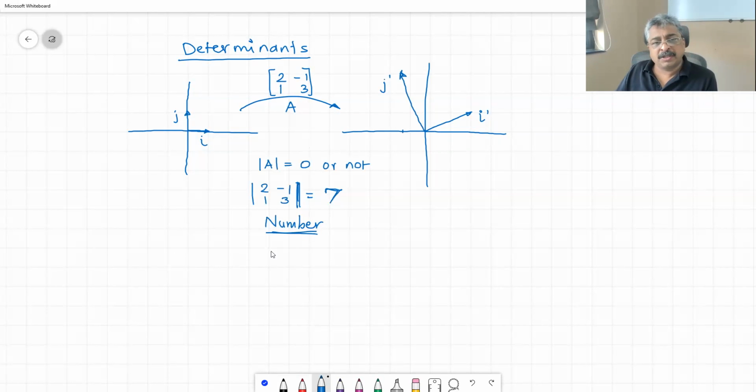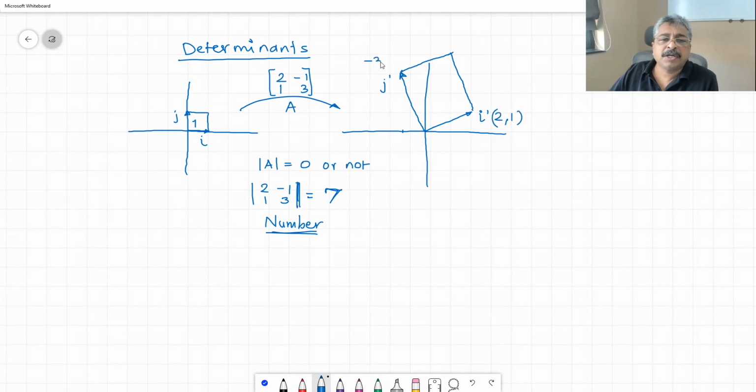And now, what is the geometric significance of this number? The area of I and J is 1 unit. What is the area of I dash and J dash? Unfortunately, it looks like a rectangle, but it is not. This is 2 comma 1.